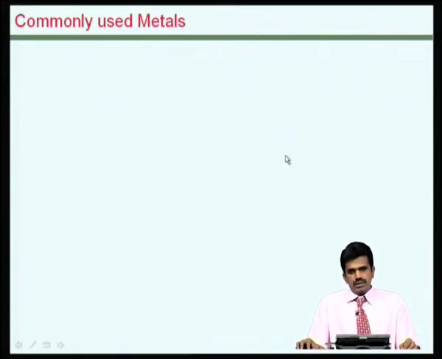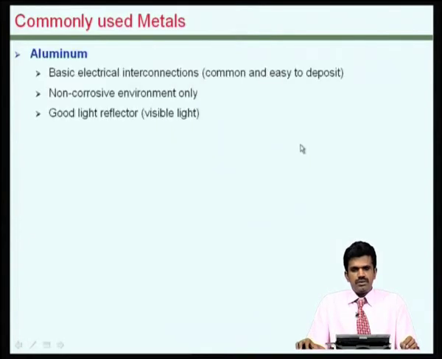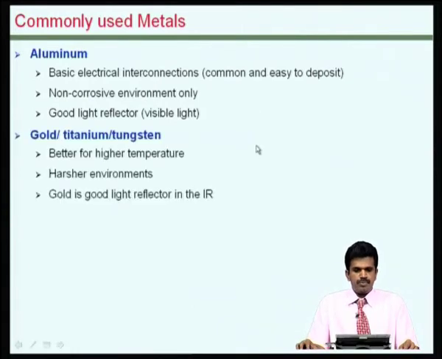As you may have seen in previous lectures, commonly used metals in the processing of microsystems include aluminum, which, as I mentioned, is a very simple material to be deposited very effectively onto silicon based surfaces.